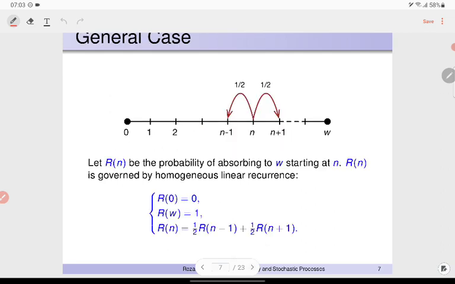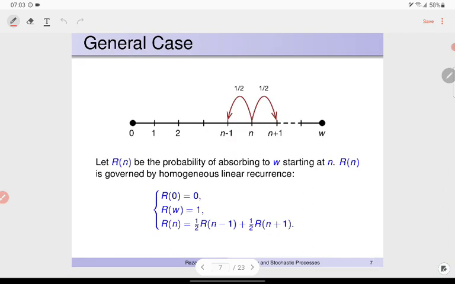Now let's look at the general case. We are not going to solve something particular, but we want to solve the general case. Go back again to this figure. We have here a random walk, and there are W plus 1 positions, namely 0, 1, 2, 3, and so forth until W, and 0 and W here are the absorbing barriers.